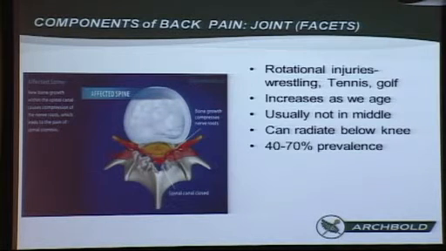Anybody that has a rotation of their spine can tear those joints, and it can be a severe, unrelenting pain. It will also just increase spontaneously as we get older because you'll develop arthritis in these joints. It's usually not in the middle. It can radiate down below the knee, typically kind of the buttock and the knee. And it's a high incidence as we age and get over 65. Very common, in fact.